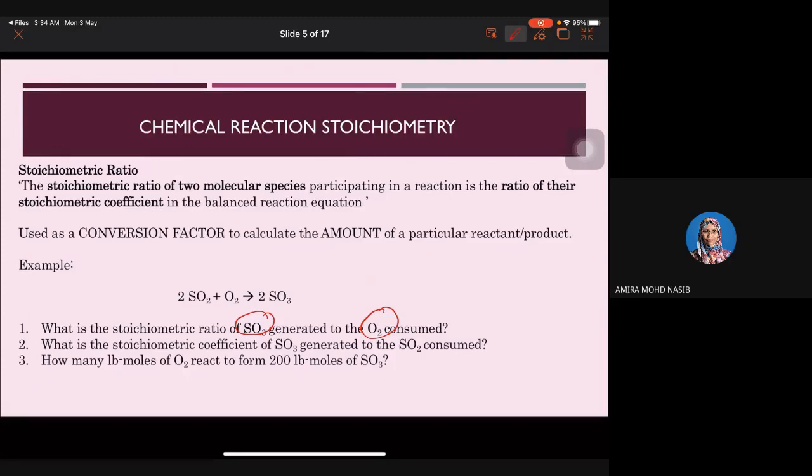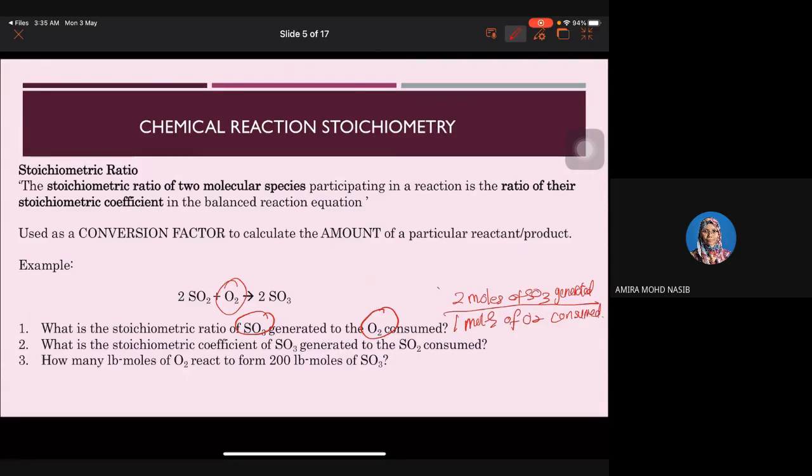Stoichiometric ratio: also look at your stoichiometric coefficient. The coefficient for sulfur trioxide is 2. So 2 moles of SO3 generated over, since it's asking for oxygen, so we look at oxygen, 1 mole of oxygen consumed.